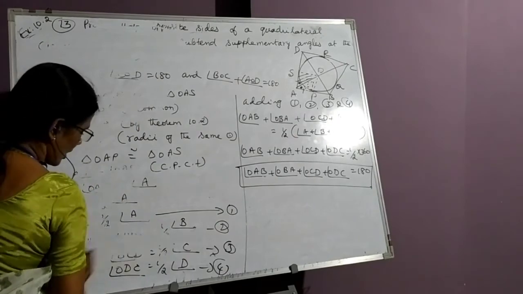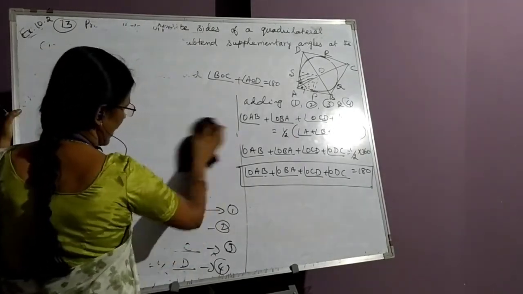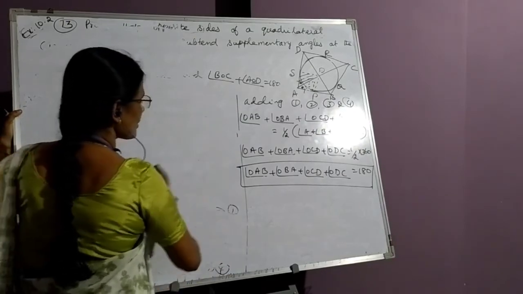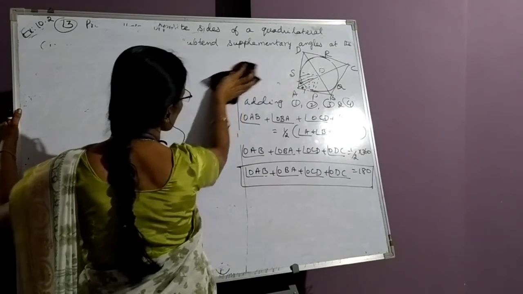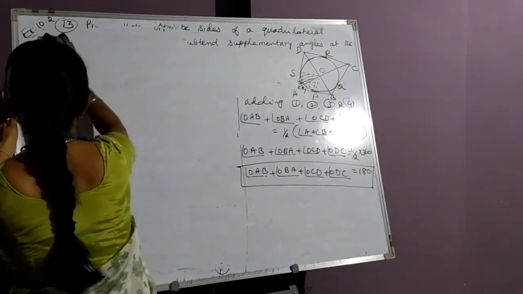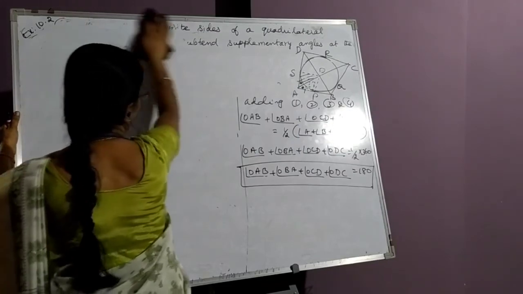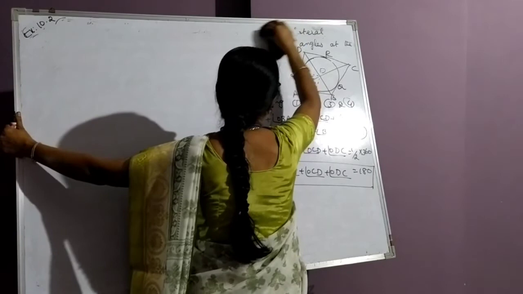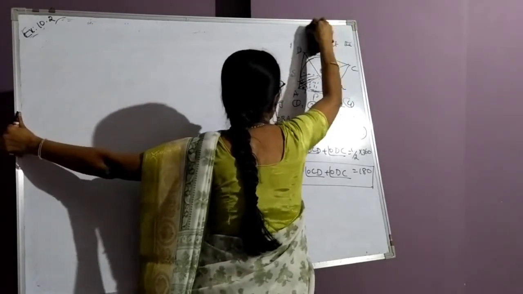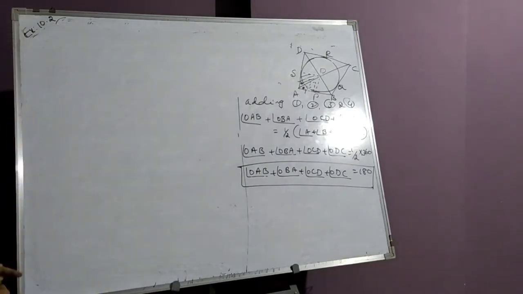Next we are going to take opposite triangles. So I am going to take triangle AOB. Which is the triangle opposite to triangle AOB? It is triangle COD. So we are going to add all the three angles of these two triangles. In triangle AOB, sum of three angles is equal to 180 degrees. Similarly, in triangle COD also we take the sum of three angles.